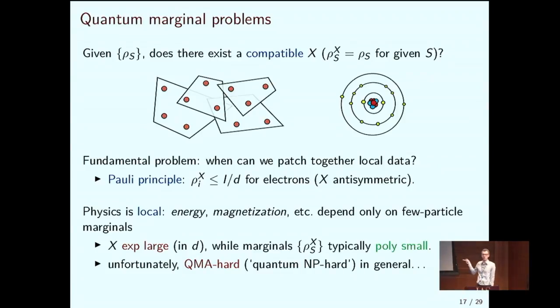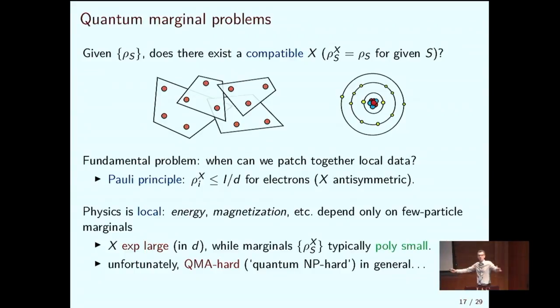Let me just say why this is an interesting problem to study, more forcefully. The reason is that these marginals tell you a lot of information about your quantum system. Typically things like energies, average magnetizations, all sorts of observable quantities really only depend on a few particle marginals. So it would be very exciting if we could characterize the sets of compatible marginals, because those only live in a very small space.